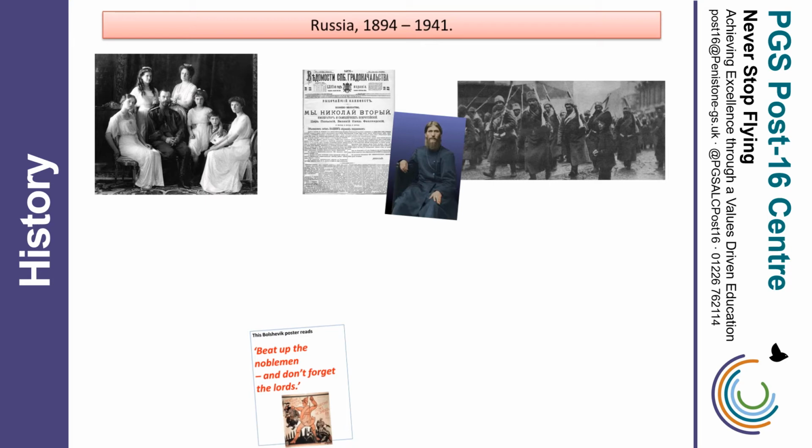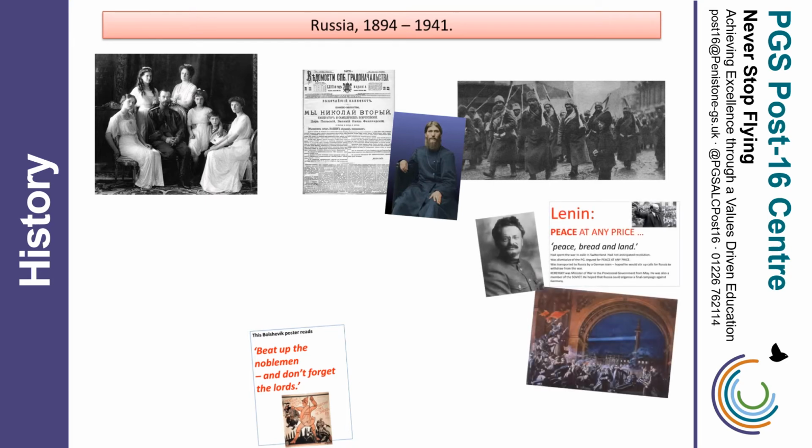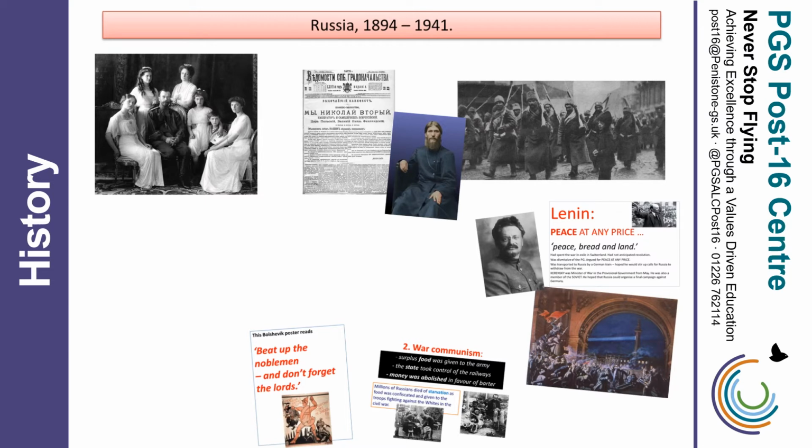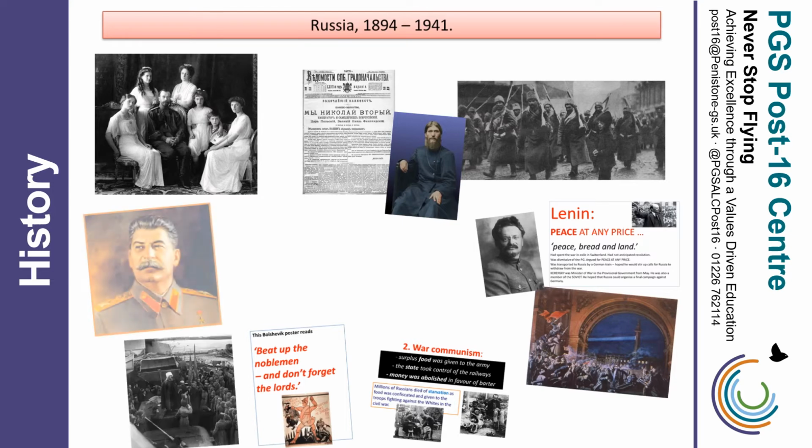As well as looking at Tsar Nicholas's leadership style, you'll also look at a number of different leaders within Russia: Lenin, Trotsky, and then much later Stalin. You'll consider the civil war that Russia experienced, and you'll look at the impact of that war on ordinary people. When you consider Stalin, you'll also look at the Great Terror and the purges which Stalin was responsible for.